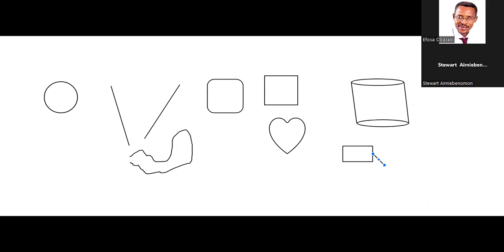Something like a box is 3D. You know, this is still 3D.